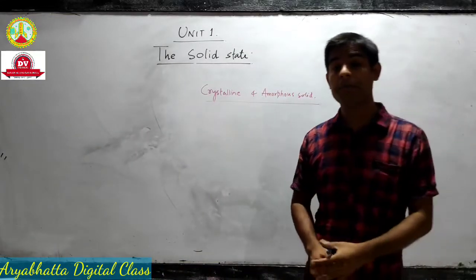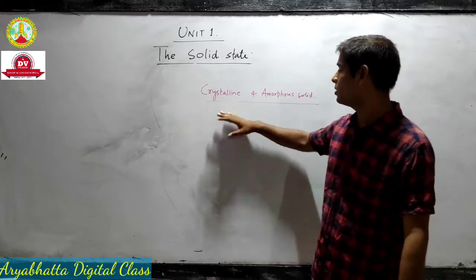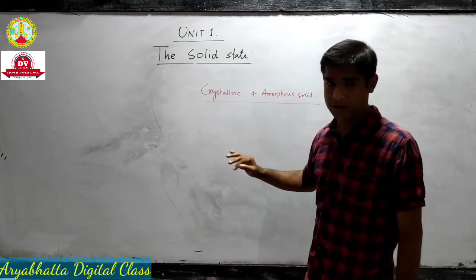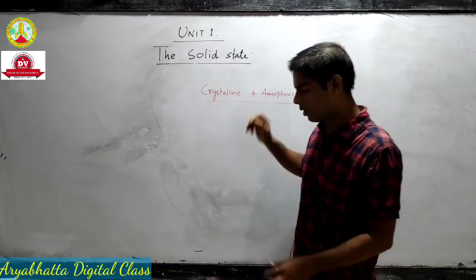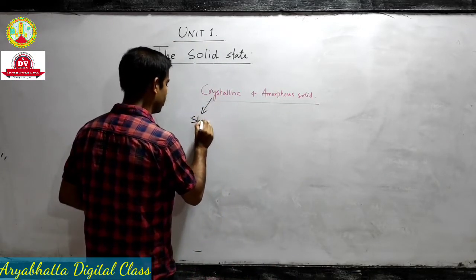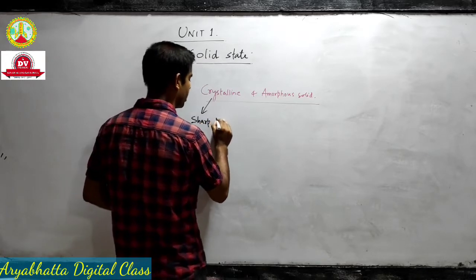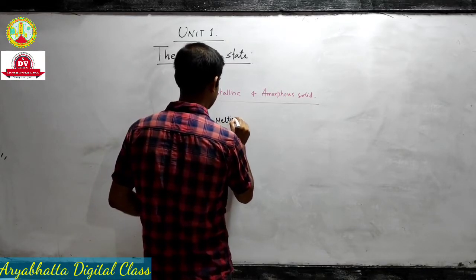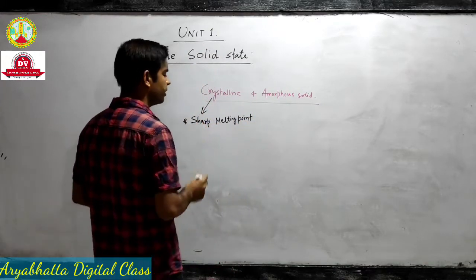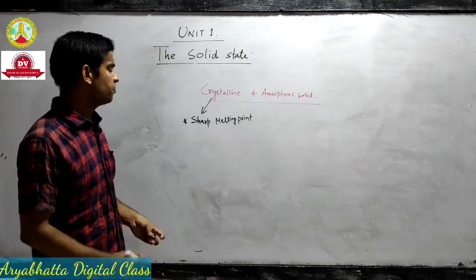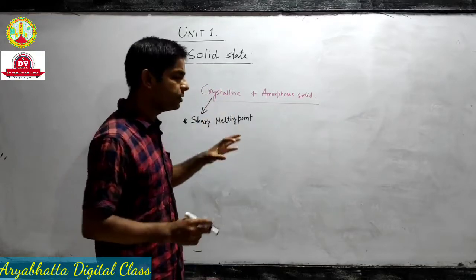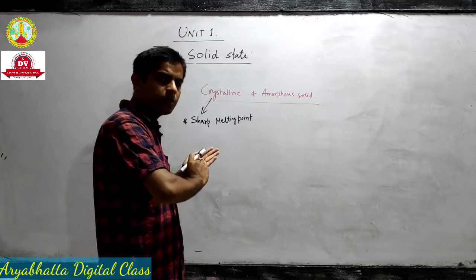One more very important difference between crystalline and amorphous solids is the melting point. Crystalline solids have a sharp melting point. What do you mean by sharp melting point? It means they have a particular fixed temperature at which they convert from solid to liquid phase.